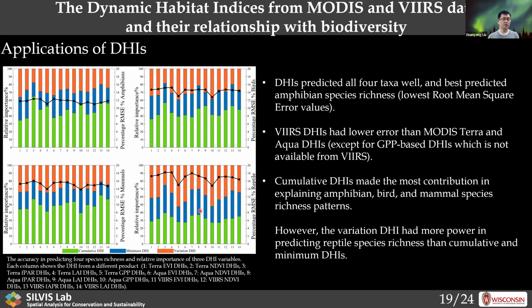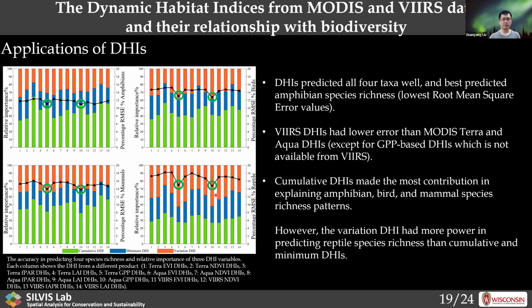In this result, I found that the GPP-based DHI for all the species models has the lowest error, which means GPP has the best performance in predicting species richness at the global scale. Because VIIRS does not provide all the inputs for GPP estimation, we don't have the GPP-based DHI for VIIRS.